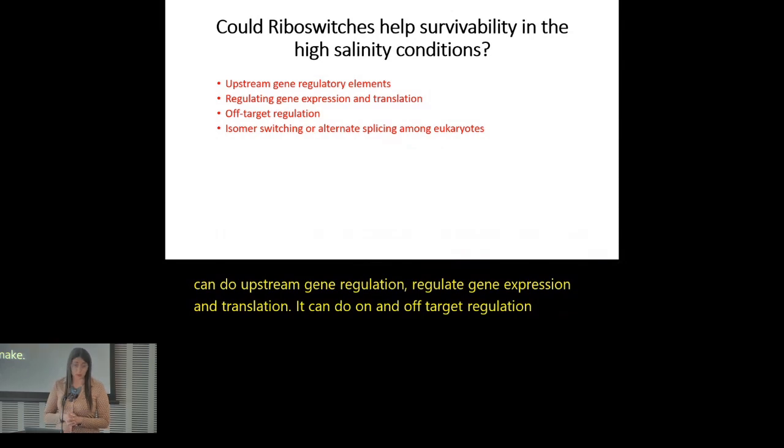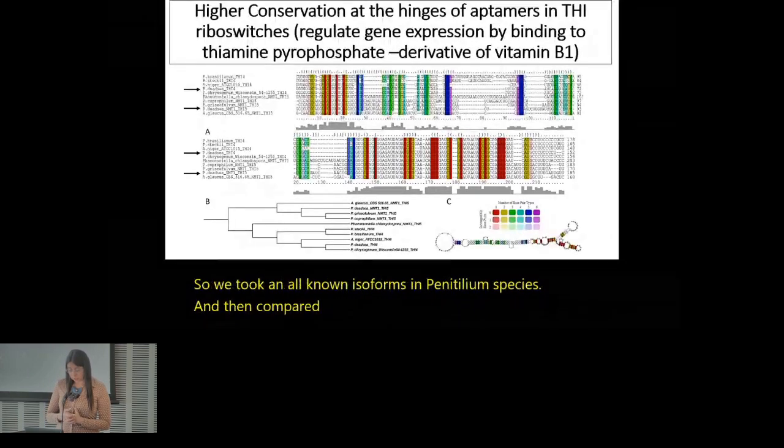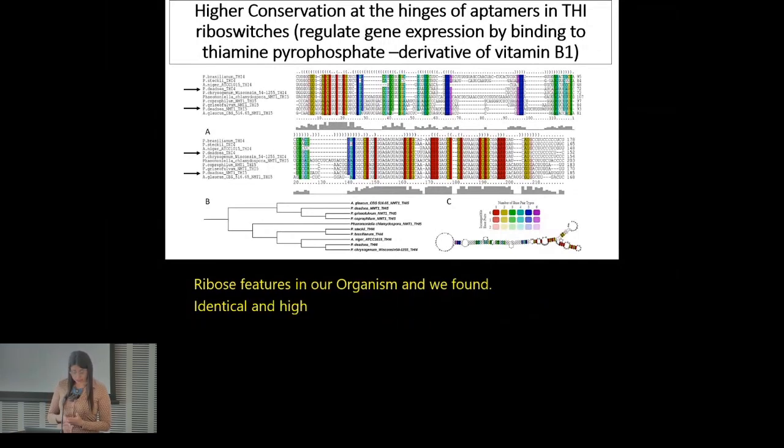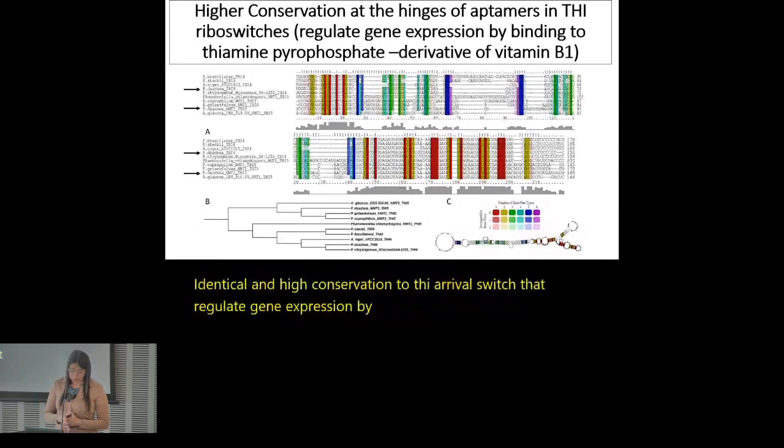So we took all known isoforms in Penicillium species, and then compared predicted riboswitches in our organism, and we found identical and highly conserved THI riboswitch, which regulates gene expression by binding to thiamine pyrophosphate, a derivative of vitamin B1, in this organism.